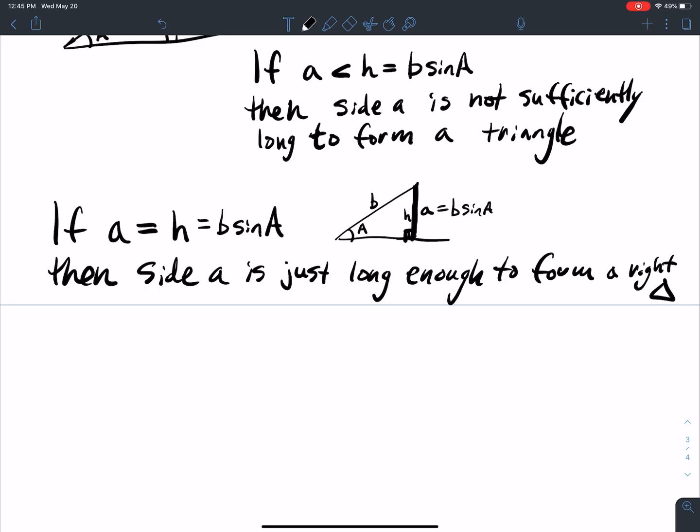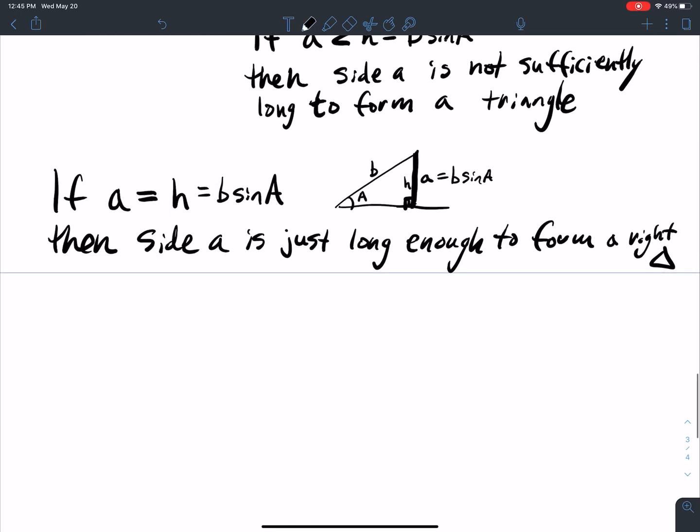Okay? It's exactly long enough. Now, let me do this other one first. So this one here is the two triangle scenario.